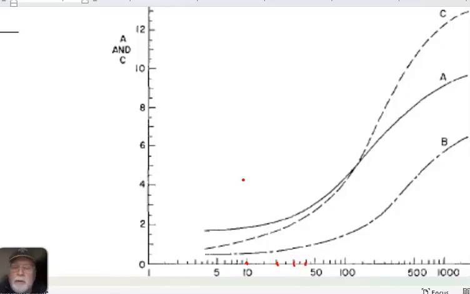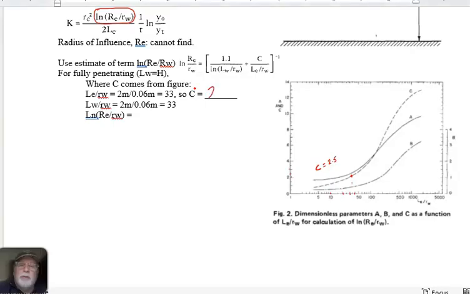Going straight up from 30, I'm hitting about there, 33. So this is 2, 3, this is 2.5. It's a little above 2, I'm going to say, because this is what I use in my calculation. I'm going to say C equals 2.5. It's probably a little lower than that, but let's go with that. So I'm going to zoom back out here. We'll put a 2.5 in there. Again, it's probably a little lower than that.